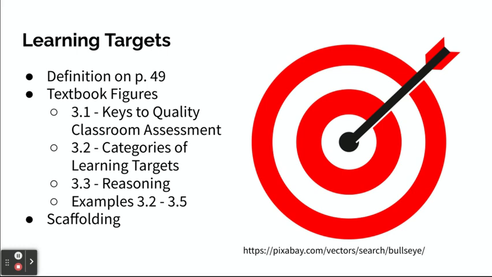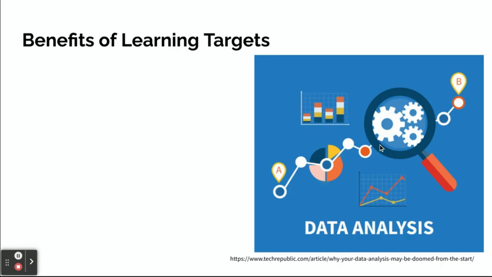But then as you go up and you start getting into the application and the cause and effect, notice you're scaffolding the learning. You're starting on the lower level and then working your way up to where the students can do higher order thinking, higher order reasoning. So please pay attention to that as you get to 3.3, and hopefully you'll see that in that.